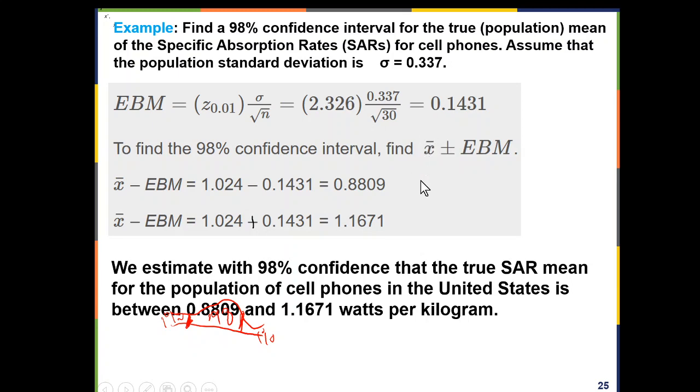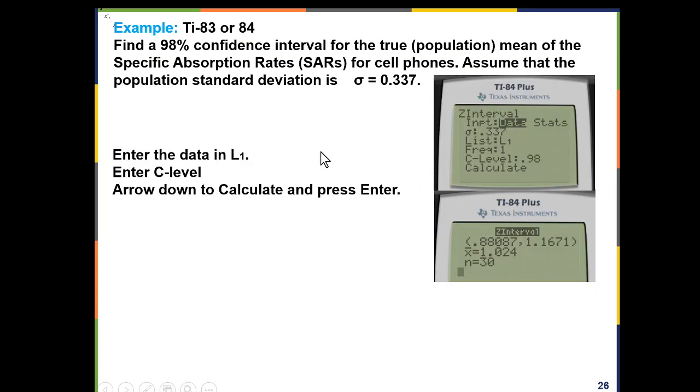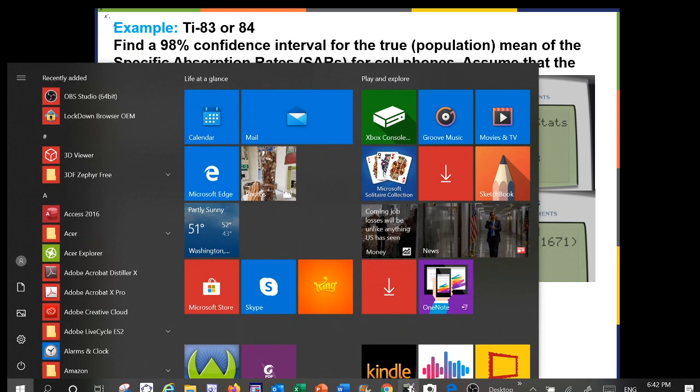So this is the x bar. So to find the x bar, of course, we don't have to do all that. All that we can do with a calculator. So if you do it with a calculator, in this case, you're going to put all the data in L1, and then you open your Z interval here.